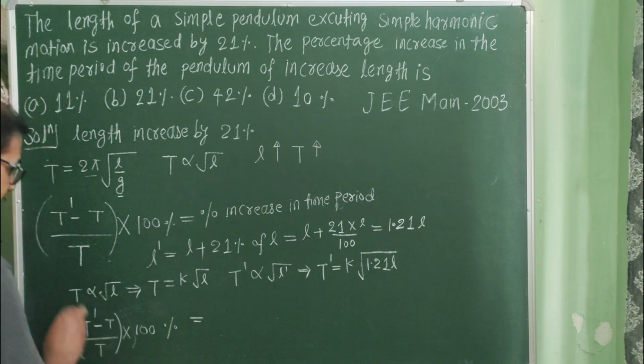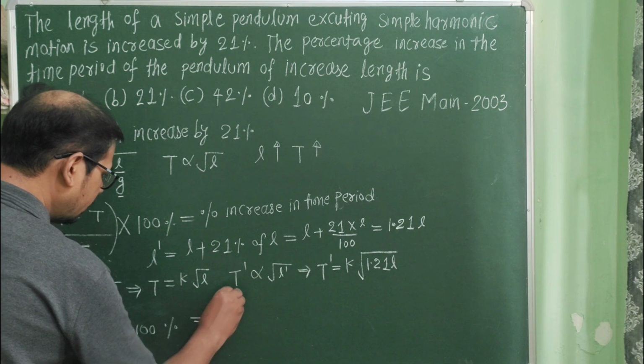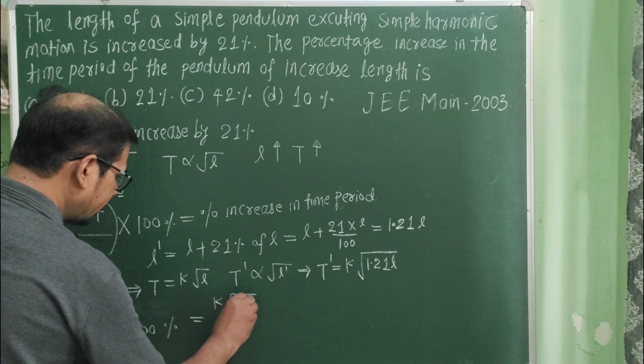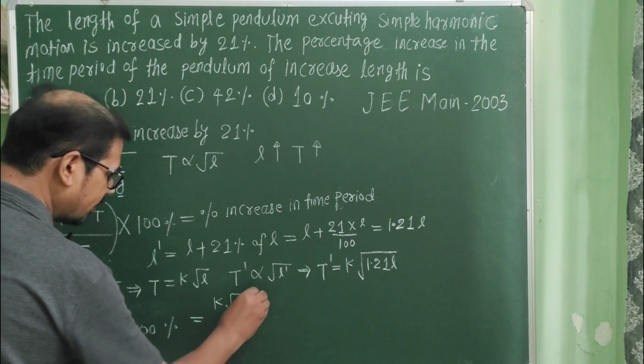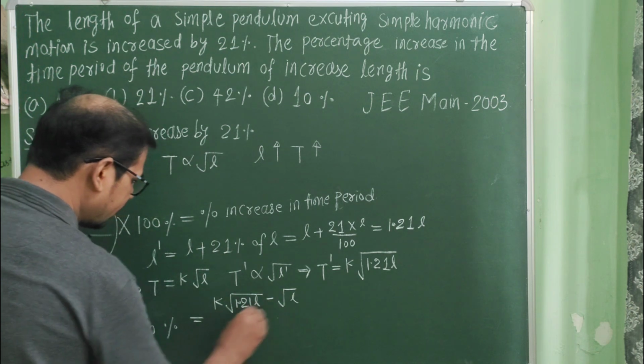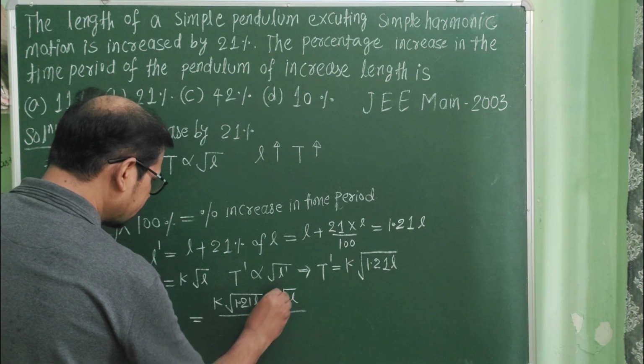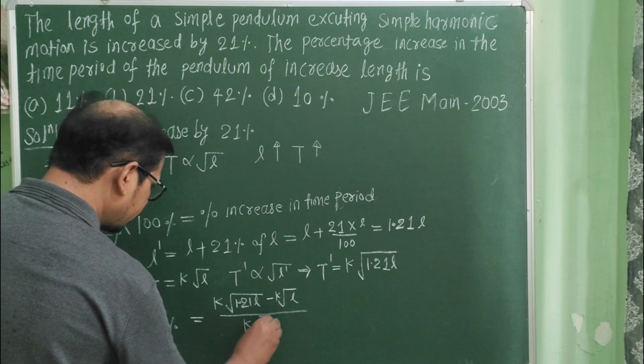Now (T dash minus T) divided by T into 100 percentage. T dash means K root under 1.21 L, minus root under L, divided by K root under L, correct?